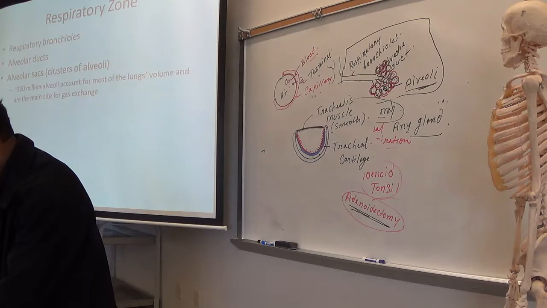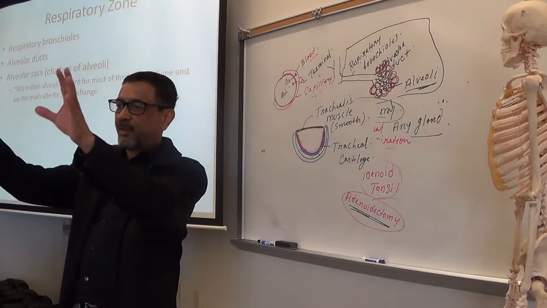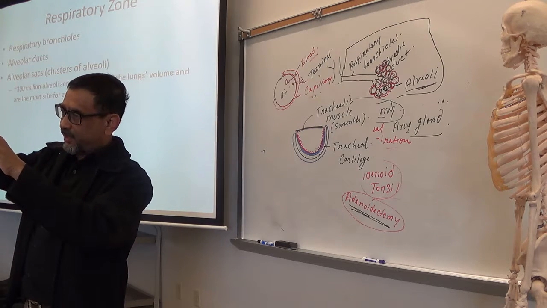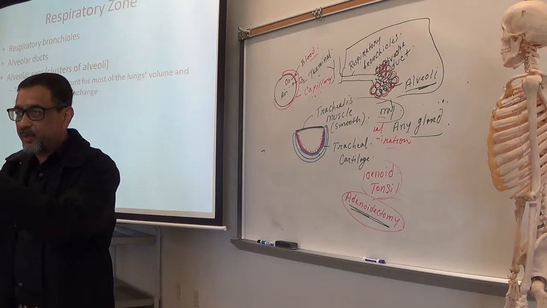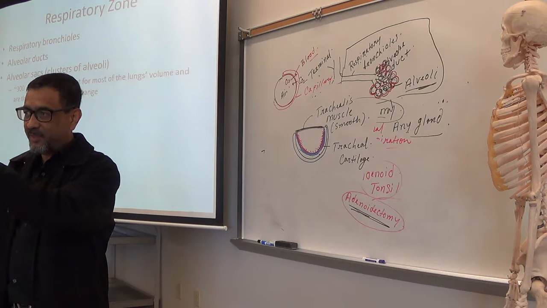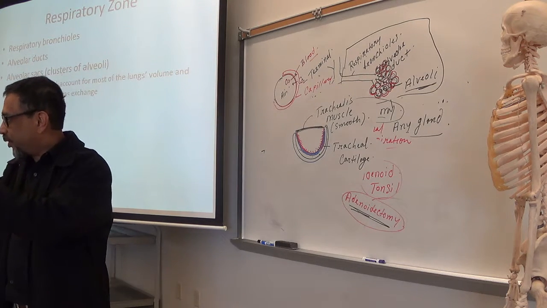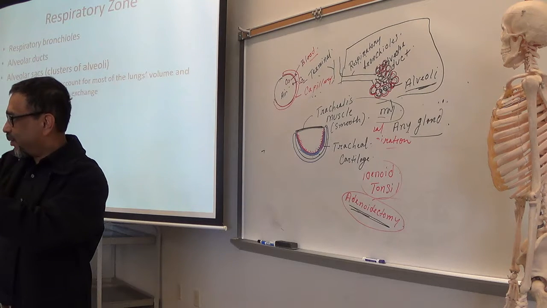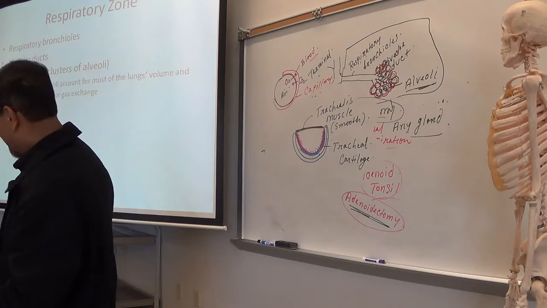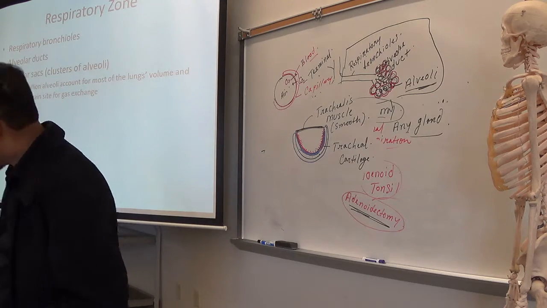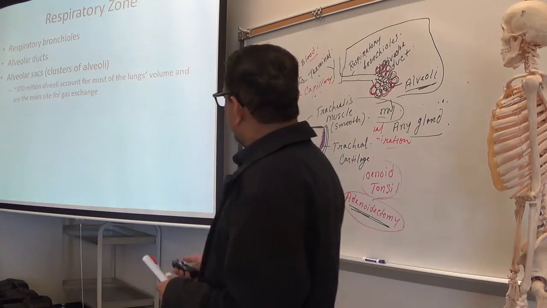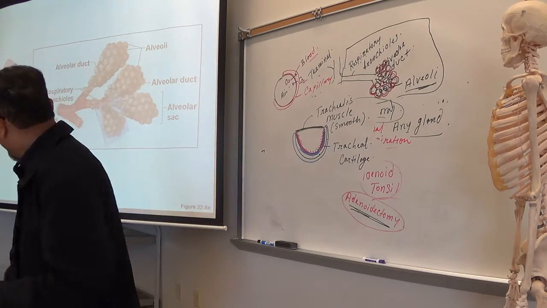Now you must remember, I mentioned that the last 3 parts of your respiratory system are for what? Gas exchange. Remember that? Respiratory bronchioles, alveolar ducts, and alveoli, right? Where gas exchange occurs. So that's the respiratory zone. Here you see those 3 parts.